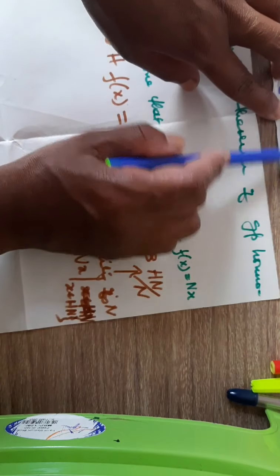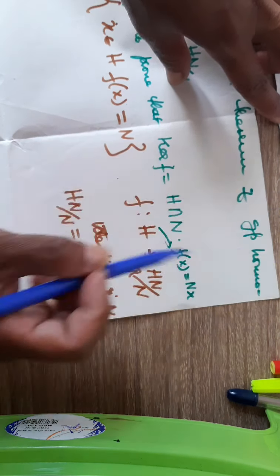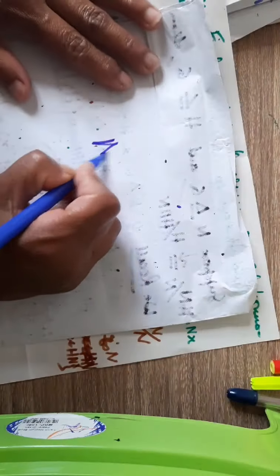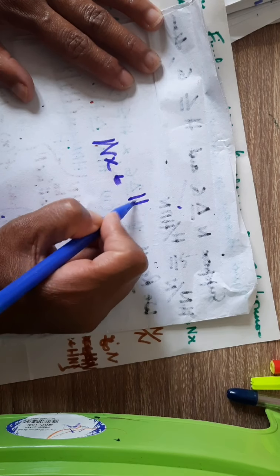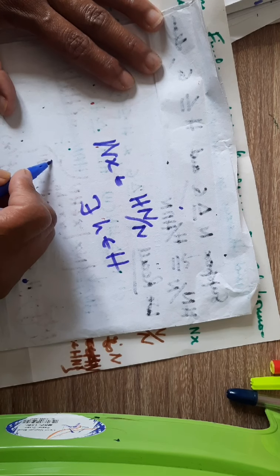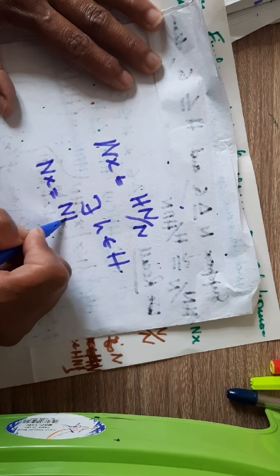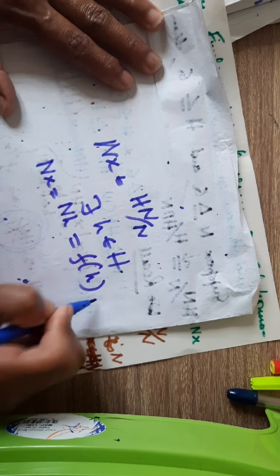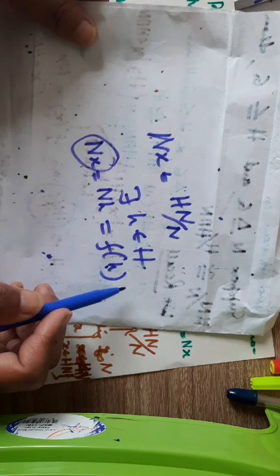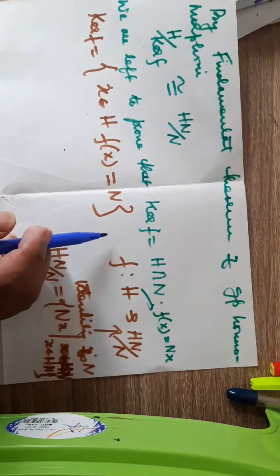So here, for every Nx belonging to HN/N, there is an x in H such that Nx = Nh, which is the same as f(h). So this Nx has a pre-image h in H. Therefore f is onto.